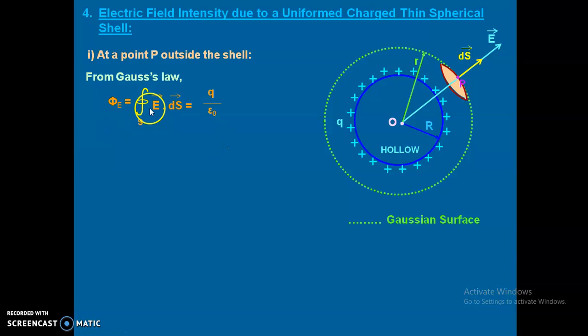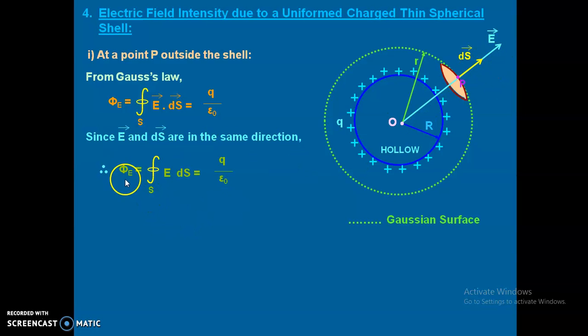So from Gauss law, phi, the integration over the whole surface of vector E dot ds, is equal to q upon epsilon naught. Let us apply this. Since E and ds are in the same direction, phi is equal to E ds because cos 0 is 1. So integration E ds is equal to q upon epsilon naught, or E outside, integration of ds, is equal to q upon epsilon naught.